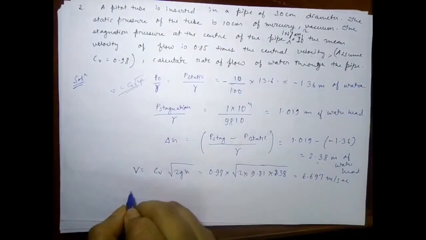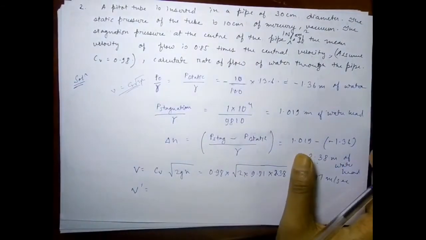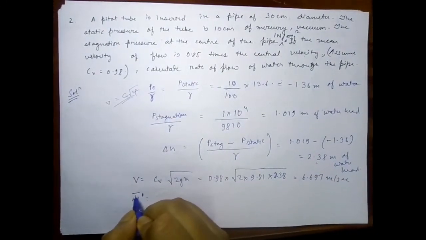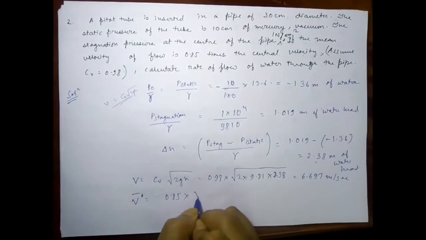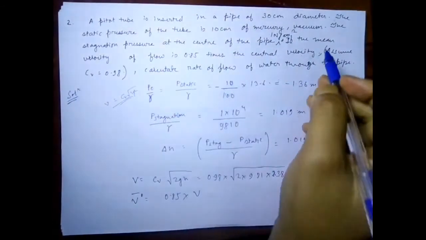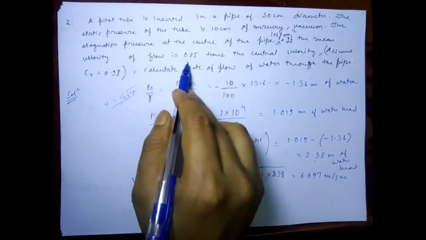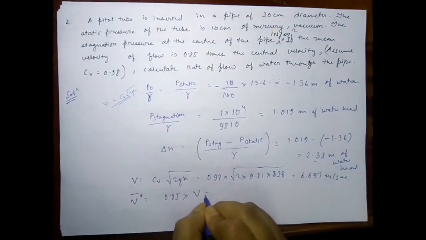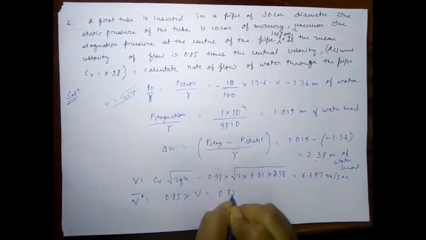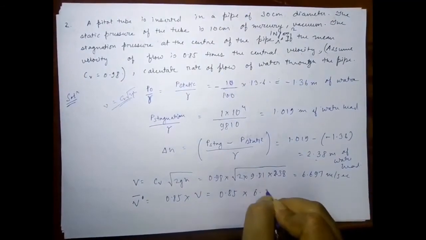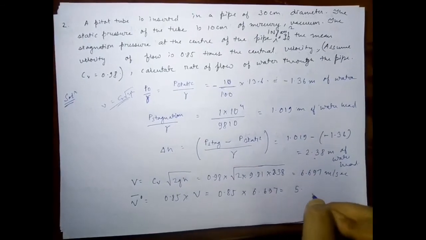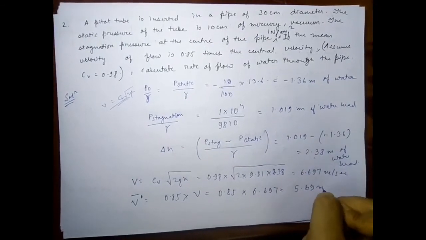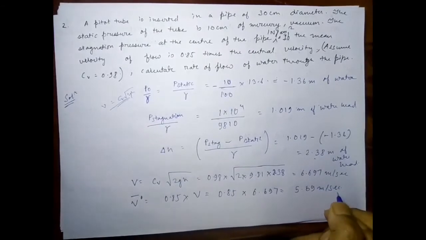So the mean velocity V dash, or I can write it as V bar, is equal to 0.85 times V, as I have written in the question. Mean velocity of flow is 0.85 times the central velocity, so it is 0.85 times 6.697, and that is equal to 5.69 meters per second.